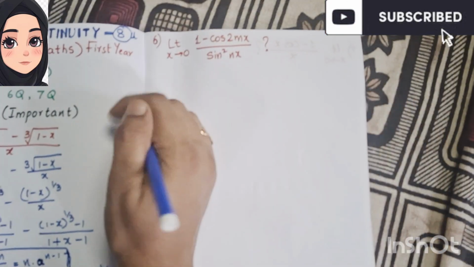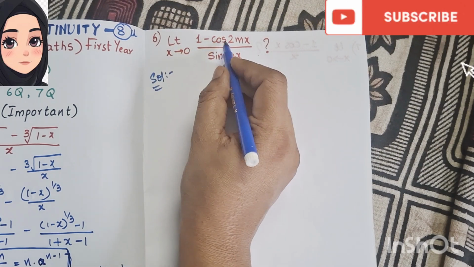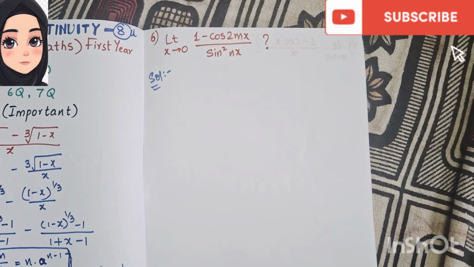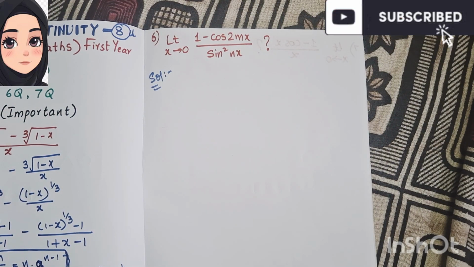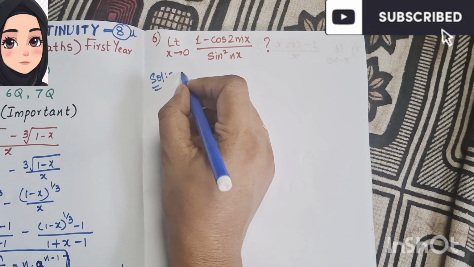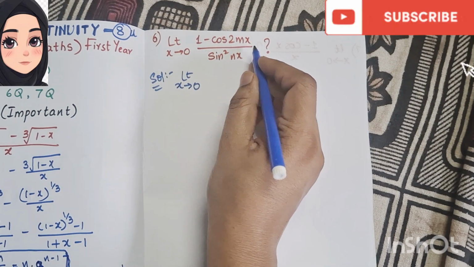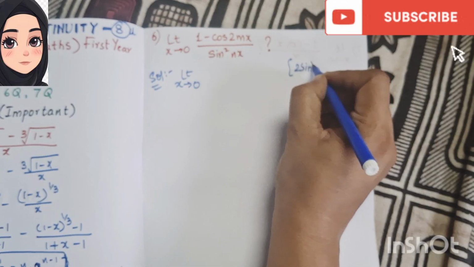And the next problem is the sixth one: limit x tends to 0, (1 minus cos 2mx) by sin square nx. We have many formulas to use while doing this. Limit x tends to 0, 1 minus cos 2x we can write as 2 sin square x.